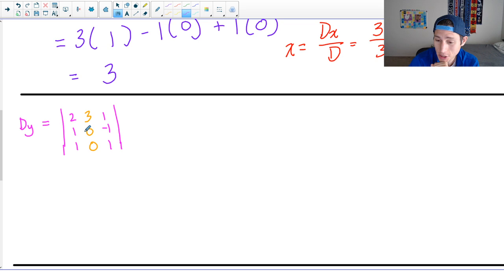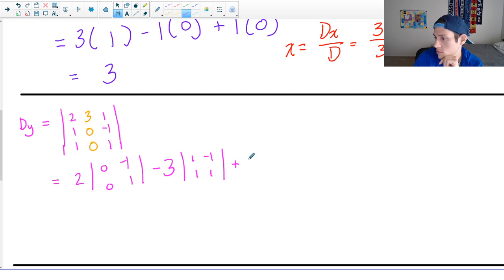Now I'll calculate the determinant of this. Okay, hopefully you can get pretty quick at recognizing the pattern of doing the determinant of a 3 by 3 matrix.